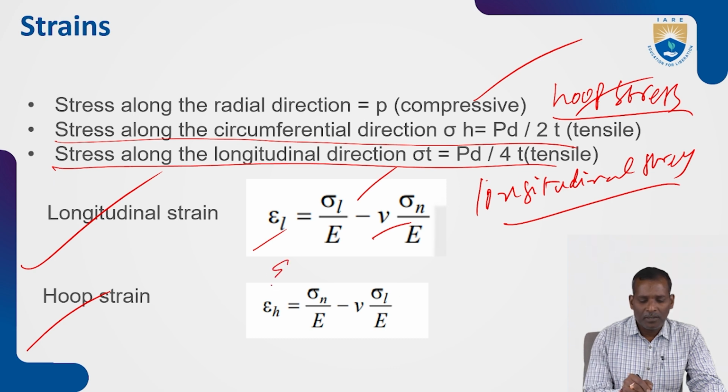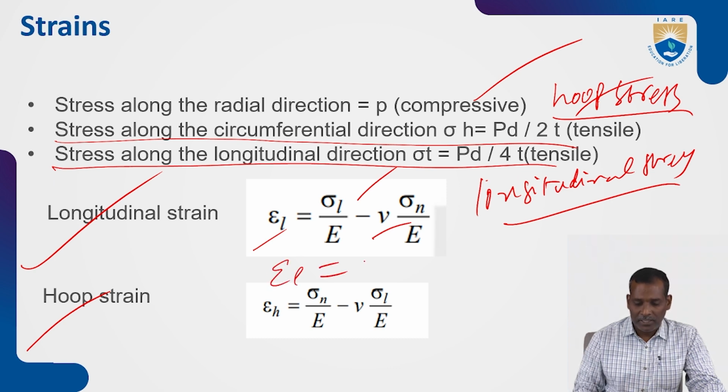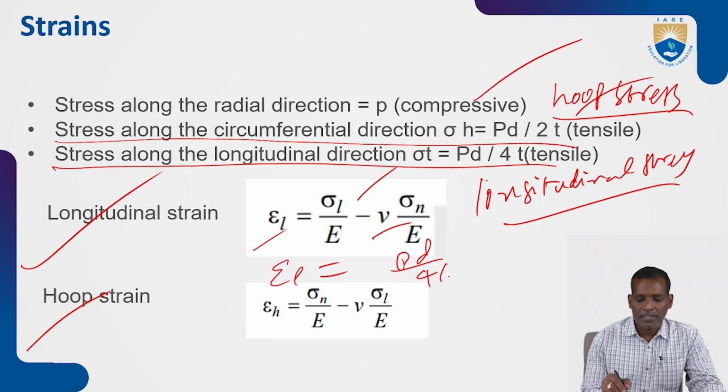So epsilon L is equal to Pd by 4tE minus mu into sigma h by E.